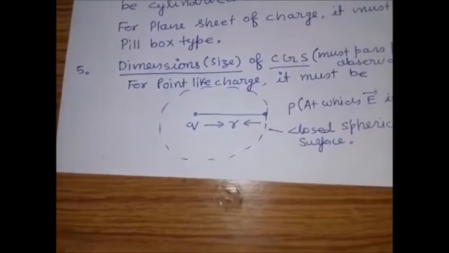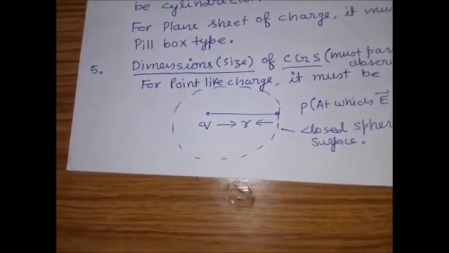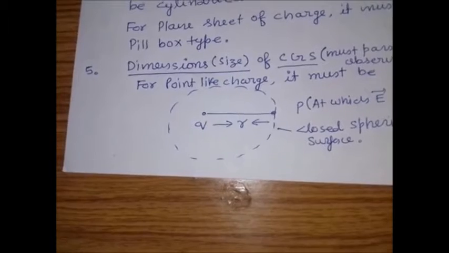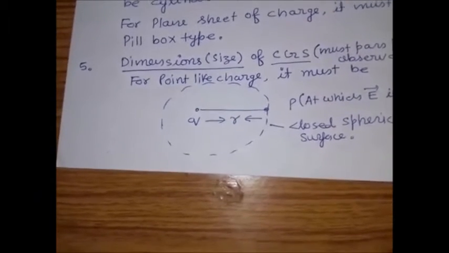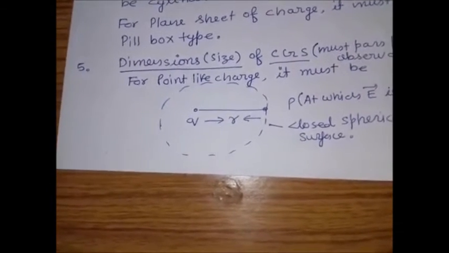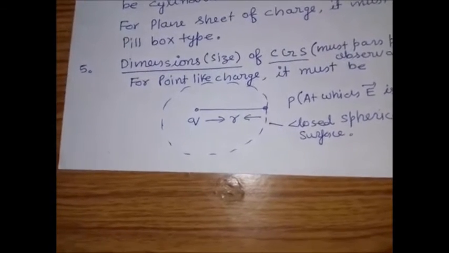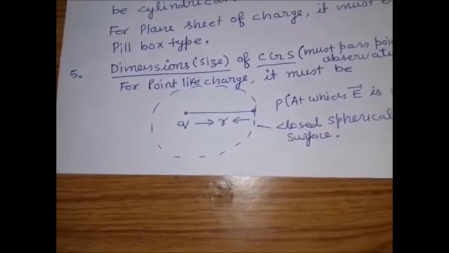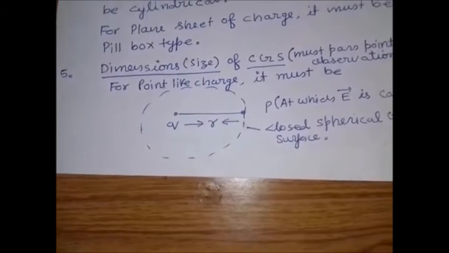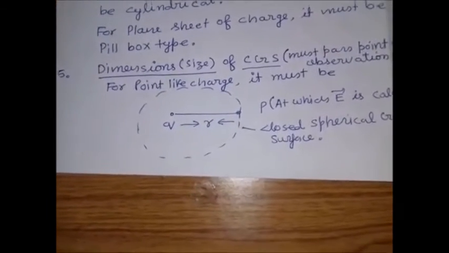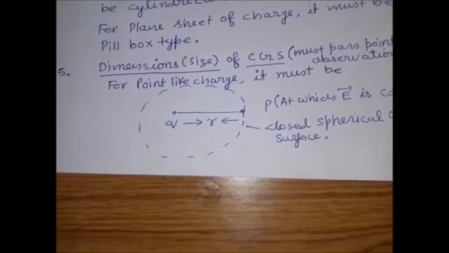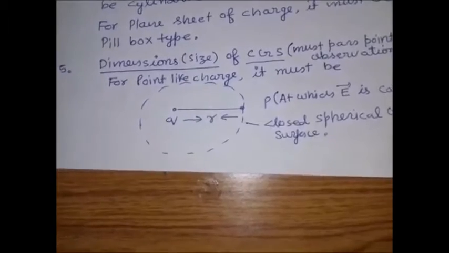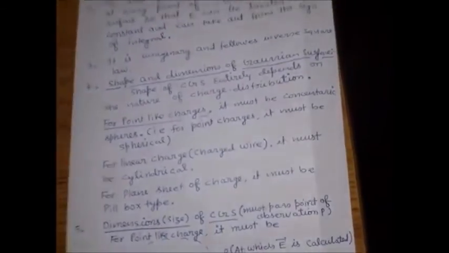Here the Gaussian surface is spherical because of the point-like charge. Now, the dimensions of the Gaussian surface means what is the radius of the Gaussian surface? The radius of the Gaussian surface must be the separation between the point-like charge and the point of observation.